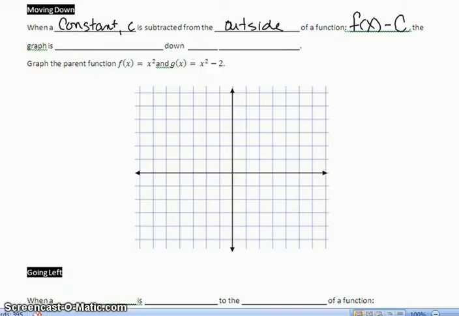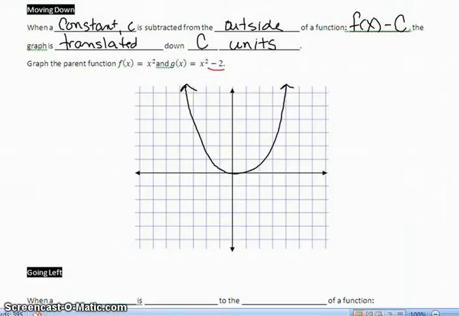The graph is translated, or moved, down c units. Once again, we're using our power functions that are even. So my parent function, f of x equals x squared, I'm simply going to sketch that in. And then I'm going to notice I have x squared minus 2.